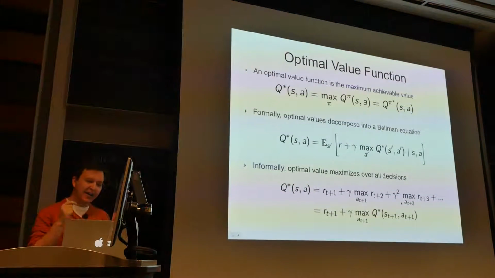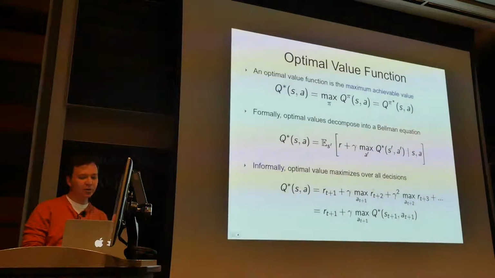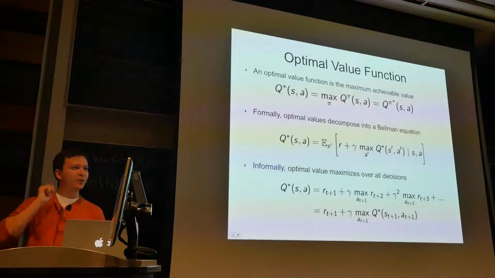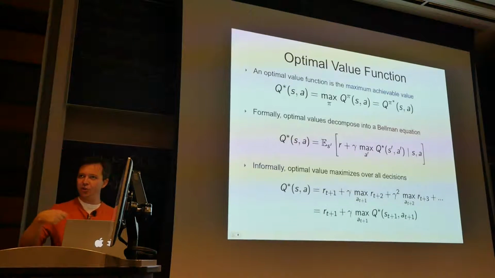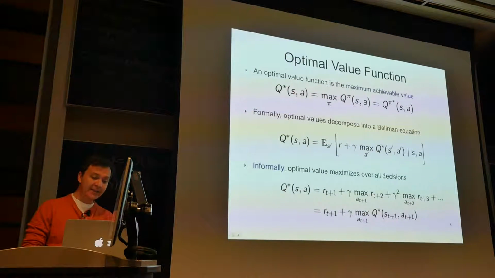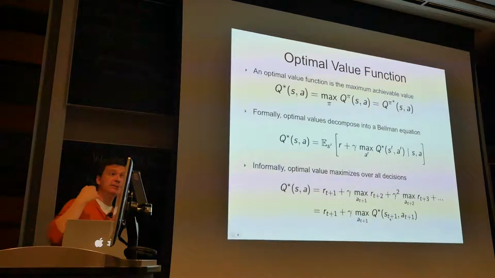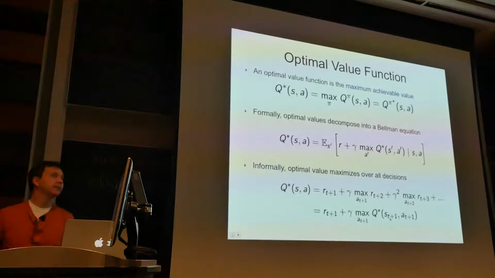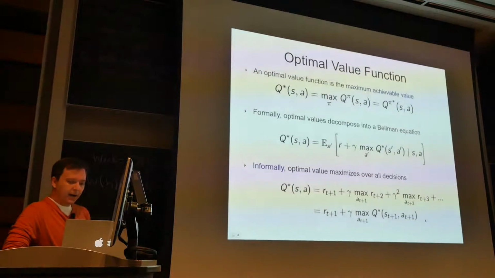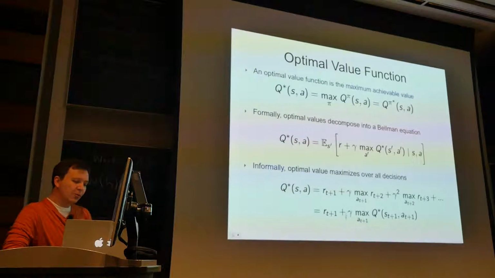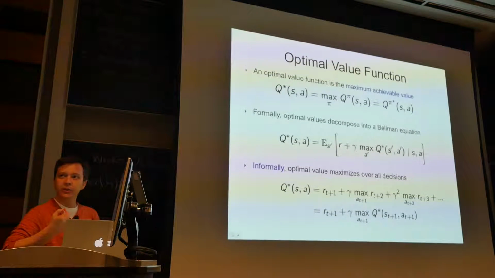This is just a simplification, more like a greedy way of doing it. So this is just an approximation, a simpler way to think about it, which is that at every single time step you're trying to get the maximum. But by this definition, yes, you want to get the maximum reward in the entire rollout. Yes, that's right. But this is an informal way of thinking about what the Q value is, just on the intuitive level.